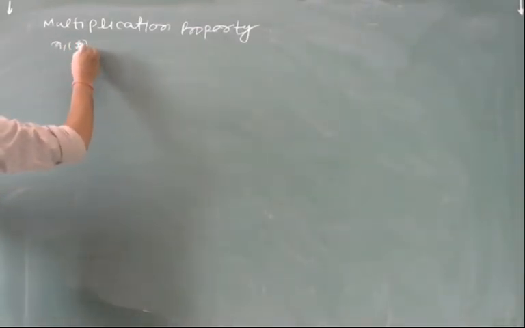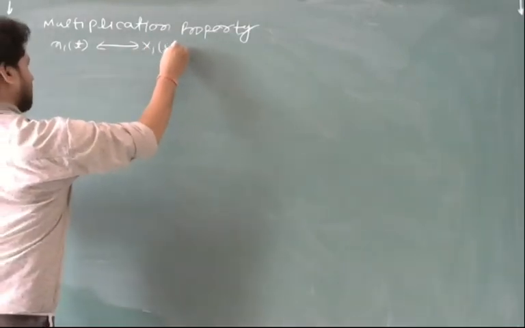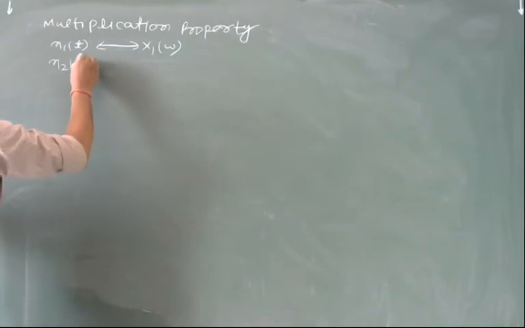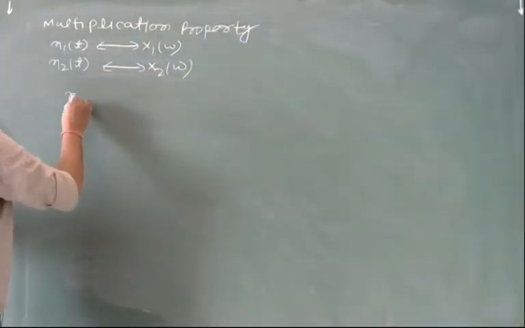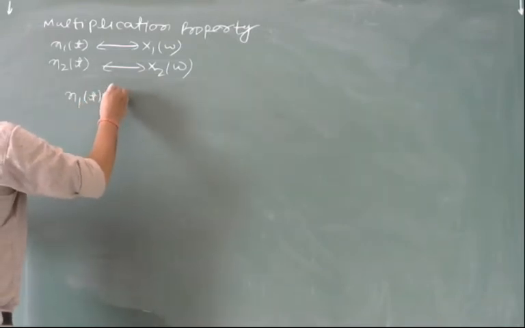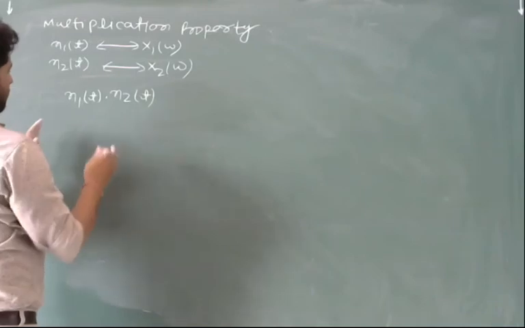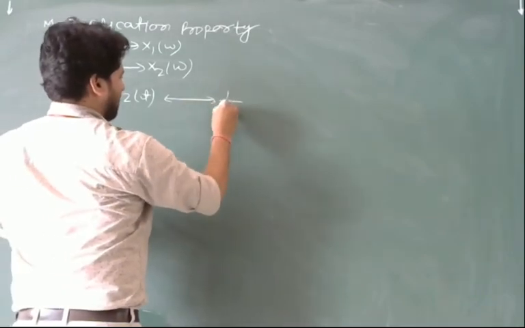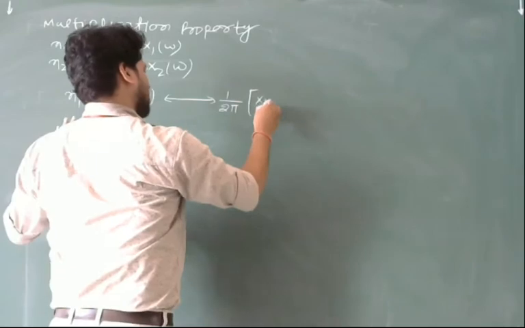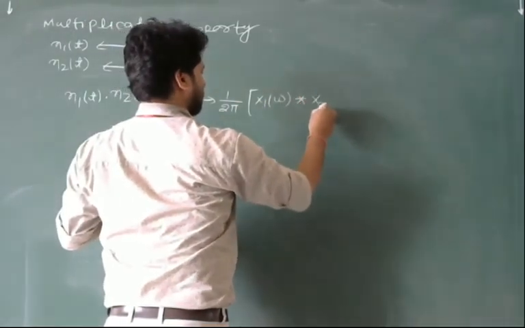Multiplication property means if the Fourier transform of a signal x1t is x1 omega and Fourier transform of the signal x2t is x2 omega, these are the Fourier transform pairs for x1t and x2t, then if we multiply these two signals x1t into x2t, then the Fourier transform of this multiplication will give 1 upon 2 pi convolution of x1 omega and x2 omega.